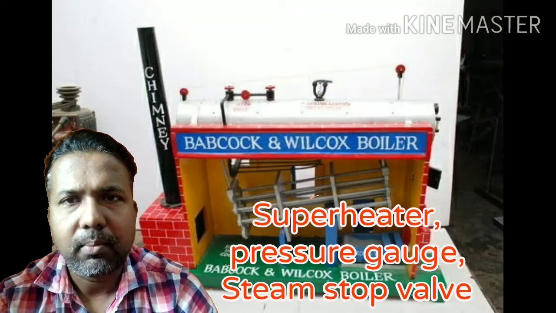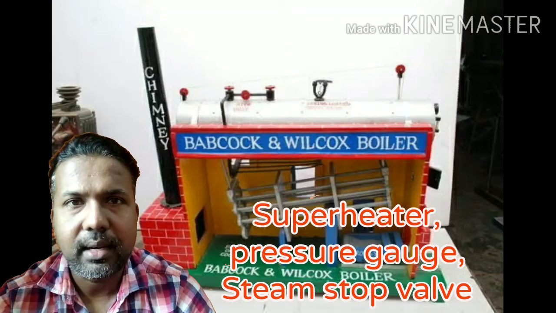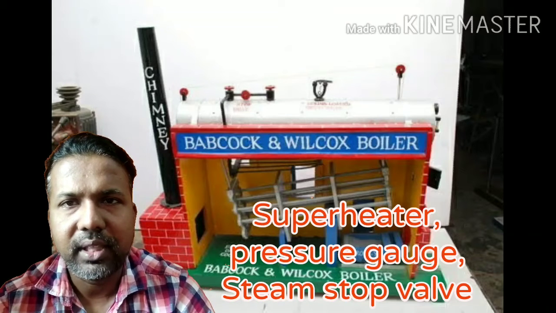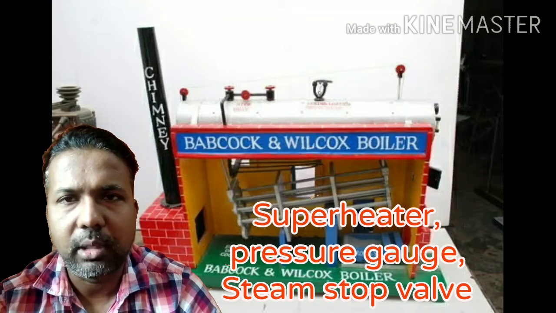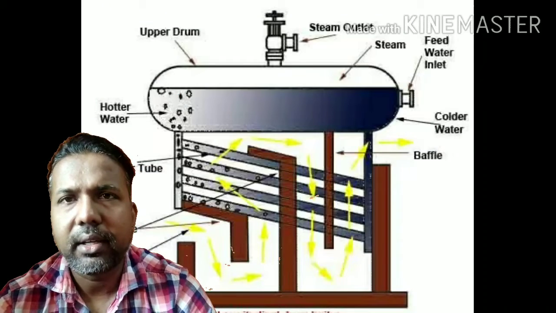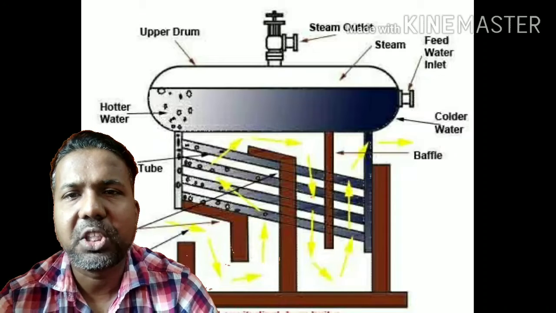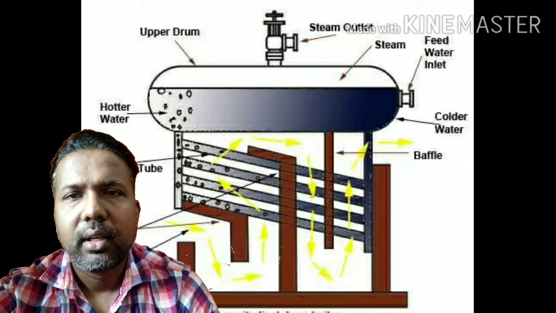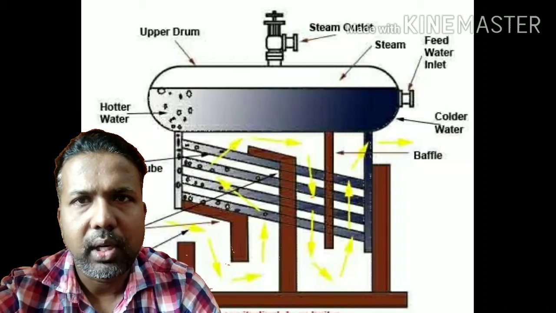You all know that mounting means the component without which we cannot run the boiler, and accessories are the components which are required to increase the thermal efficiency of the boiler. Now let us see the working of this boiler in detail.